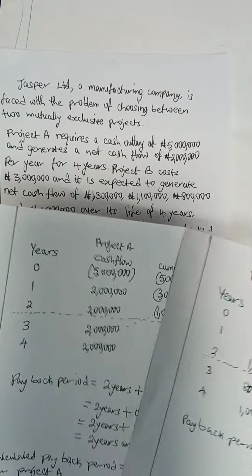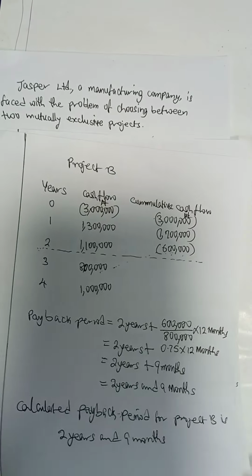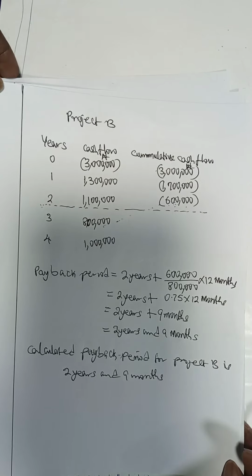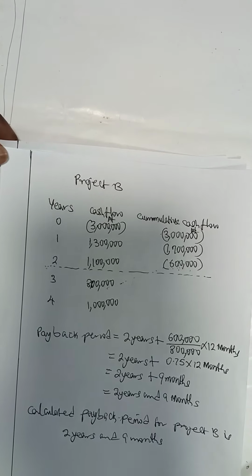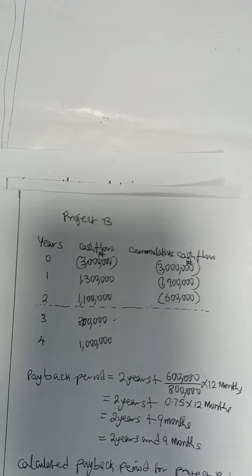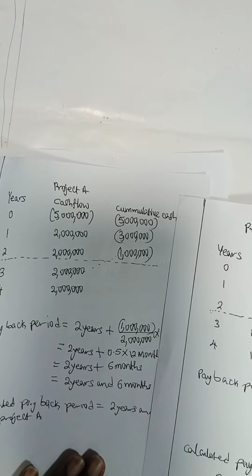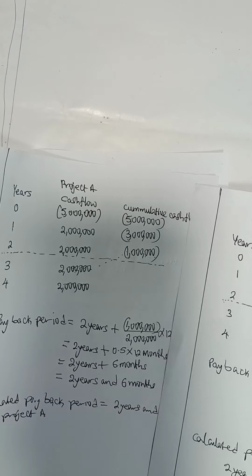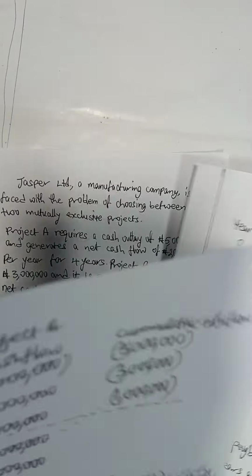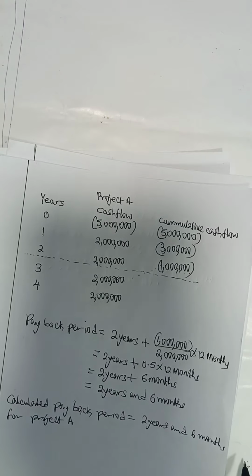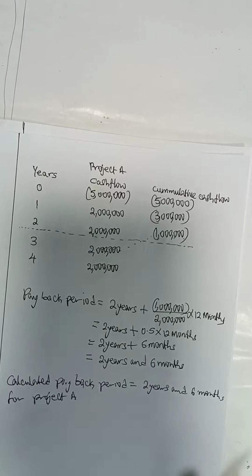Based on the decision rule, if you have two mutually exclusive projects, we will choose the project that has the shorter payback period. Between project A and project B now, which one has the shorter payback period? The payback period for project A is 2 years and 6 months.